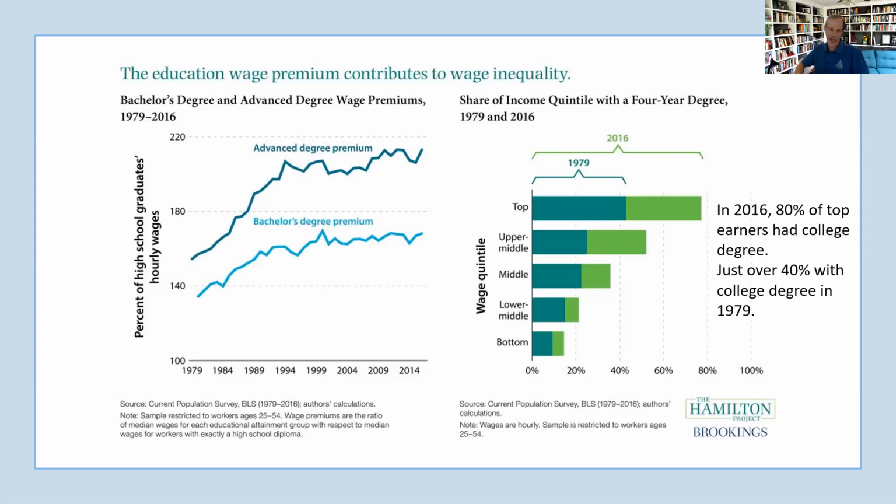Someone always points to, like, I don't know, so-and-so dropped out of college and now they're a billionaire. Sure, it can happen, but the odds are against it. And you're much better off finishing your college degree or getting an advanced degree on top of that. So it might be the master's degree. And as you work your way down these wage quintiles, you see fewer and fewer people with college degrees.